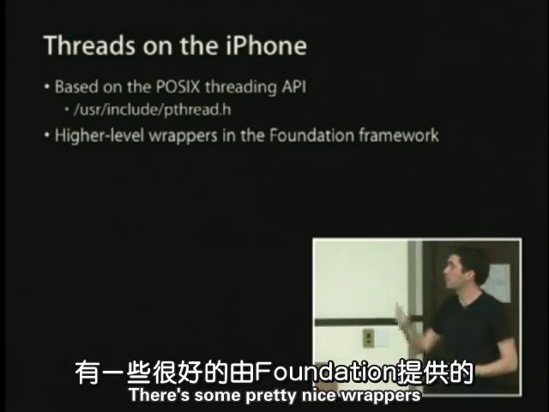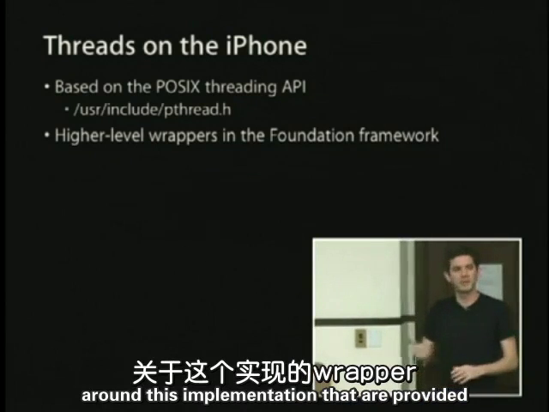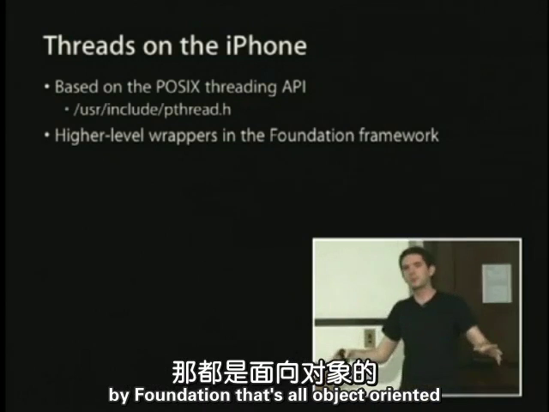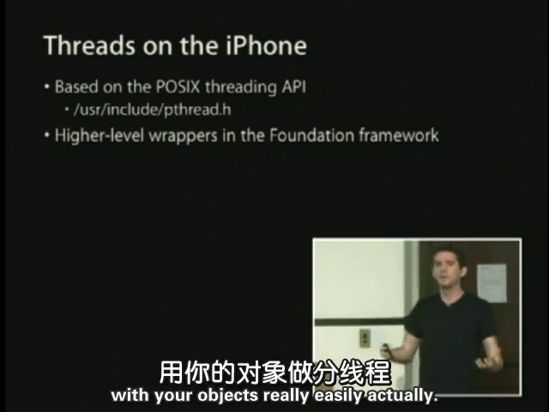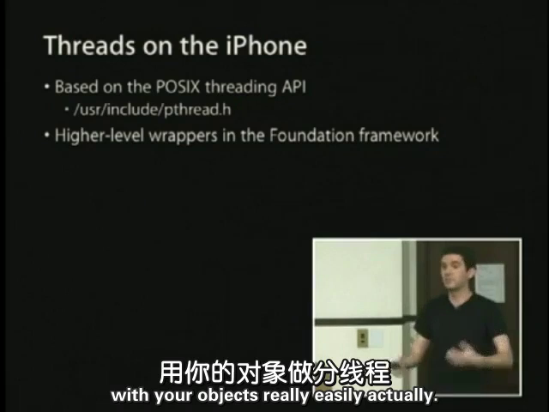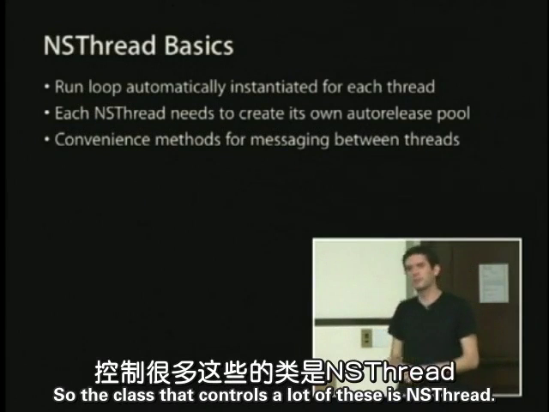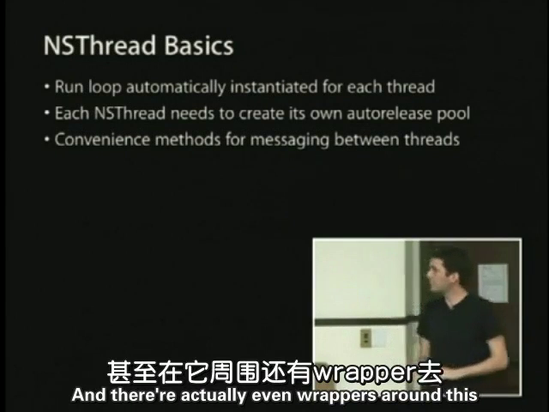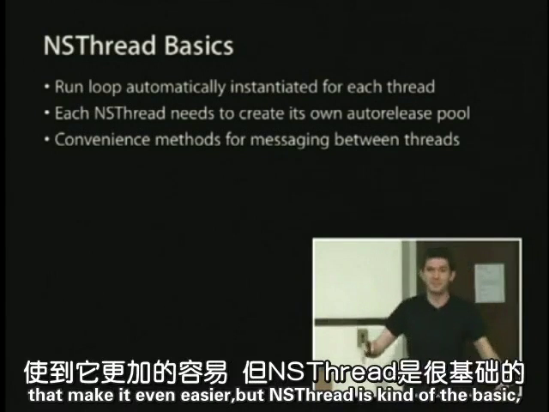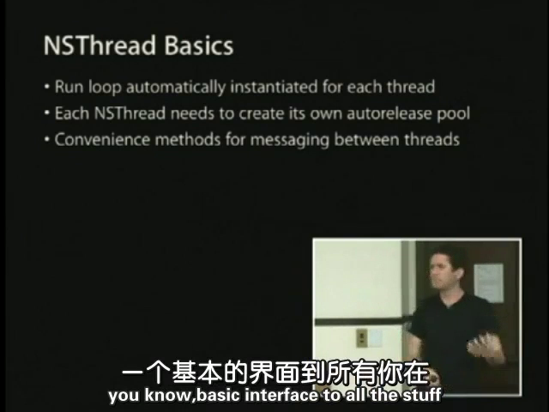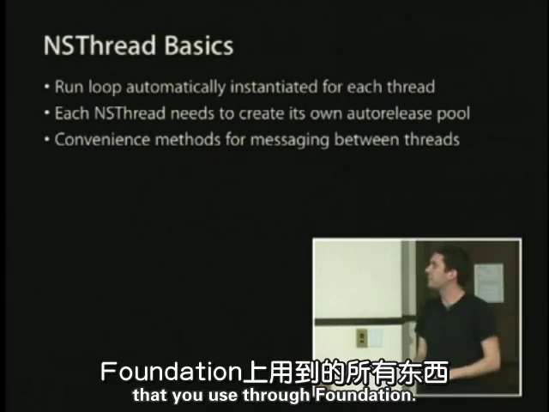There are some pretty nice wrappers around this implementation that are provided by Foundation. That's all object-oriented and lets you do threading with your objects really easily, actually. It's pretty great. So the class that controls a lot of this is NSThread. And there are actually even wrappers around this that make it even easier. But NSThread is kind of the basic interface to all this stuff that you use through Foundation.